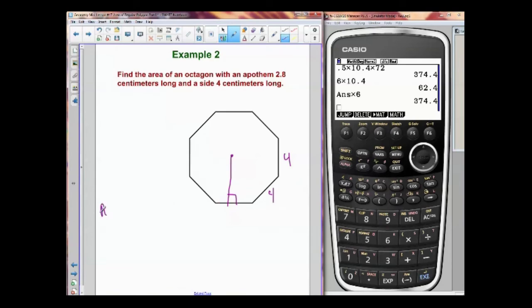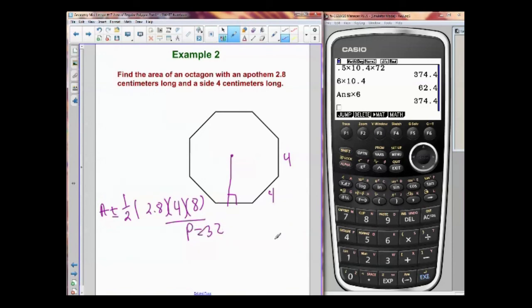I plug it in. Area is equal to 1/2 times the apothem, 2.8, times 4. So let's go see what we come up with. Oh, that's times 8. So we're going to multiply this by 8. So that's 32. So my perimeter is equal to 32.